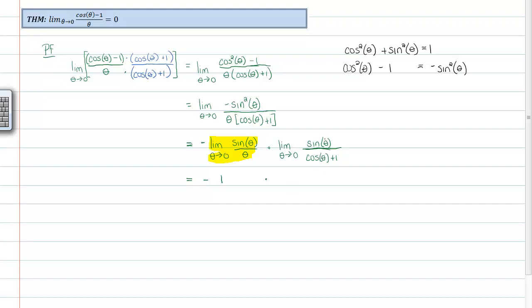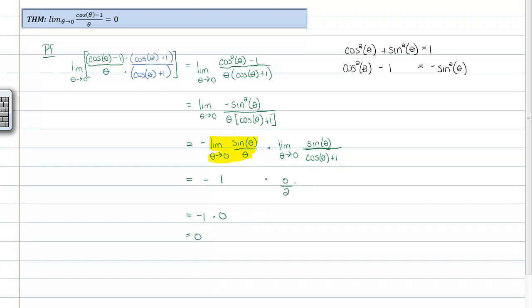Well, the numerator will be 0, right? Sine of 0 is 0. The denominator, well, cosine of 0 is 1, plus 1, that's 2. Oh, that's perfect. That means that limit turns into 0 over 2. That's an existing number. It's a finite number, it's 0. So this is just negative 1 times 0, or in other words, 0.